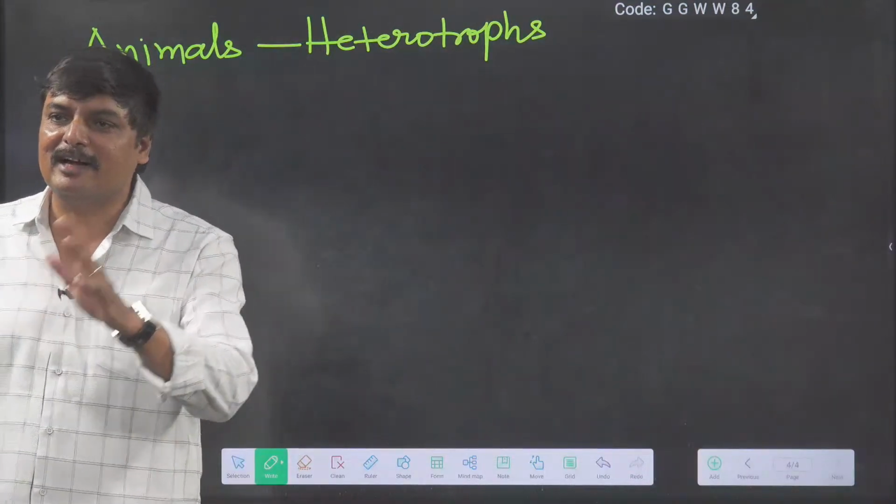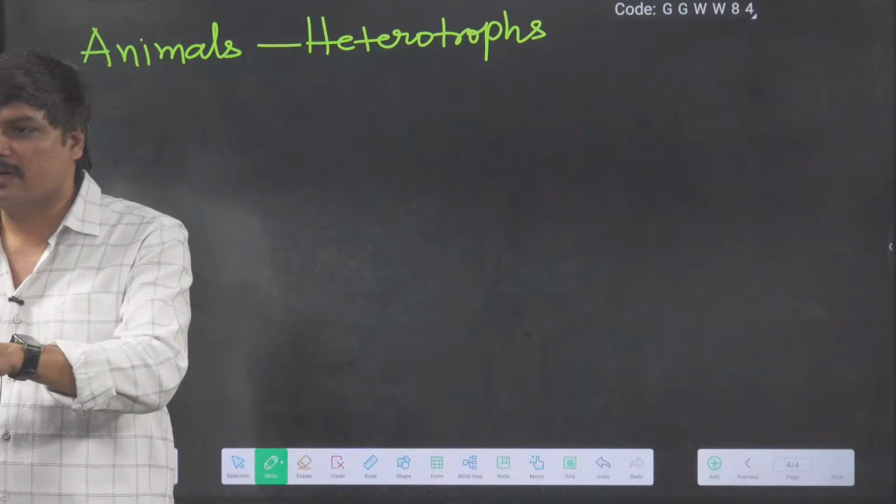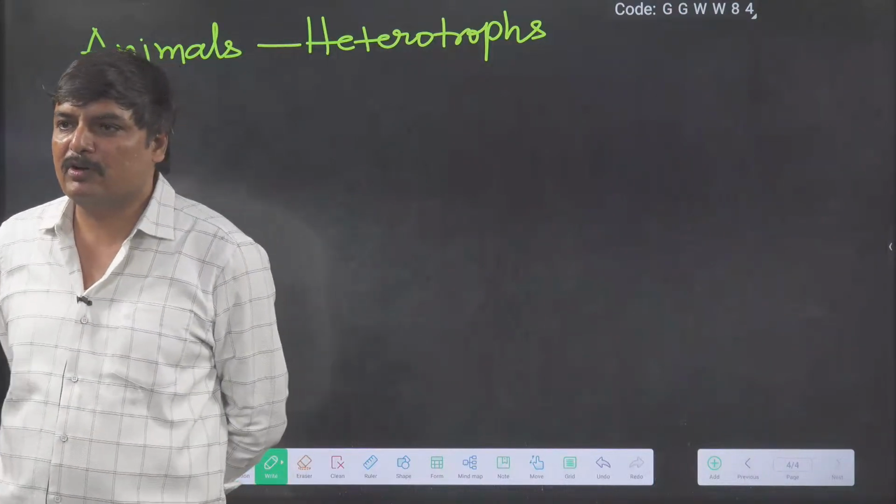Based on that, they are divided into two types: herbivores and carnivores.